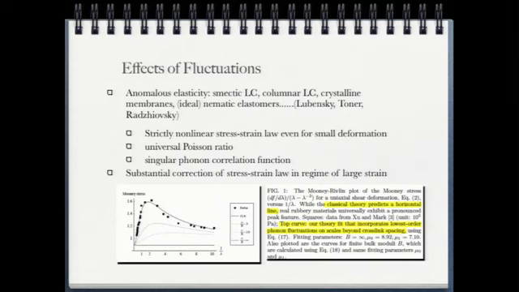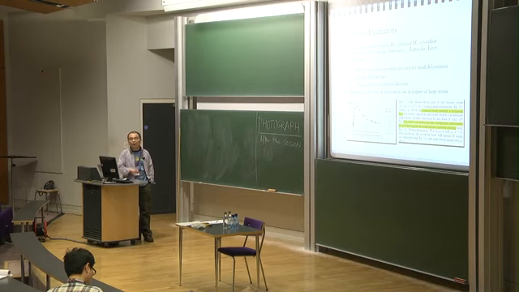Our theory takes into account these long wavelength fluctuations in the presence of large deformations. We calculate the correction up to one loop, obtain a correction to the free energy, and plot the result. This is our result. Basically, there are no free parameters in this fitting, so everything is fixed.